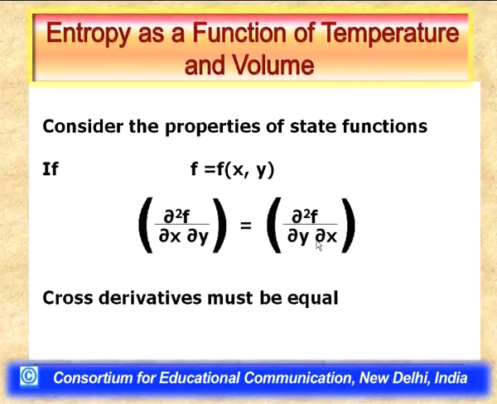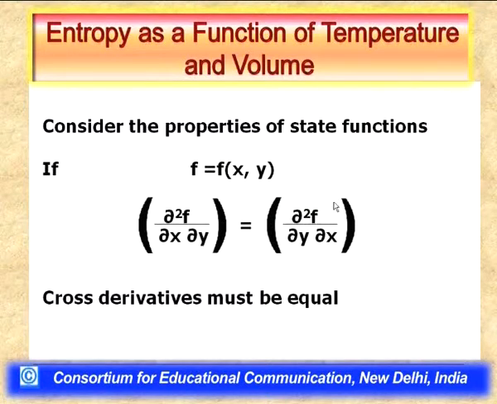That is, if f is a state function of two variables, and we differentiate this function with respect to both the variables, the order of differentials does not matter. That is what the cross derivative condition means to us. We can make use of this mathematical relationship, which is called Euler's theorem.